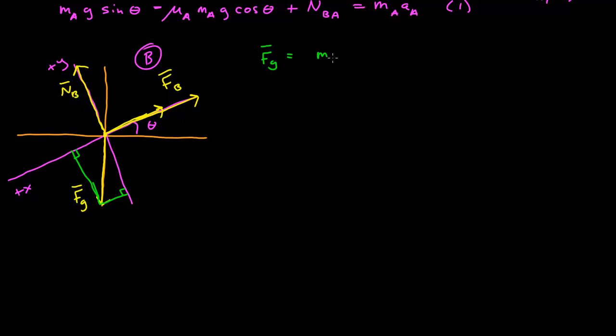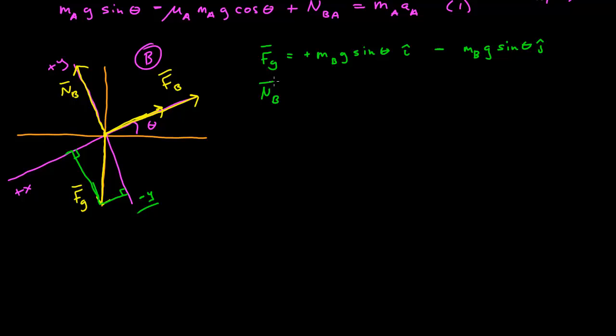So my x component is mass of B times acceleration due to gravity sine theta i hat, and the mass of B times acceleration due to gravity cosine theta j hat, and I know that the y component is pointing along the negative y-axis, while the x component is pointing along the positive x-axis.